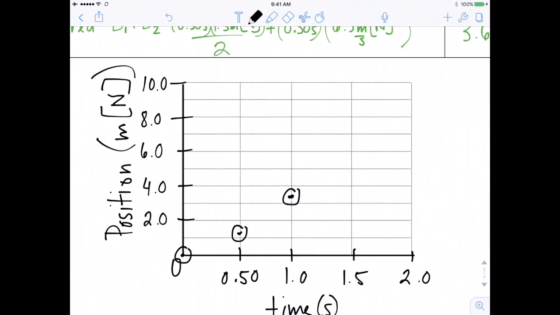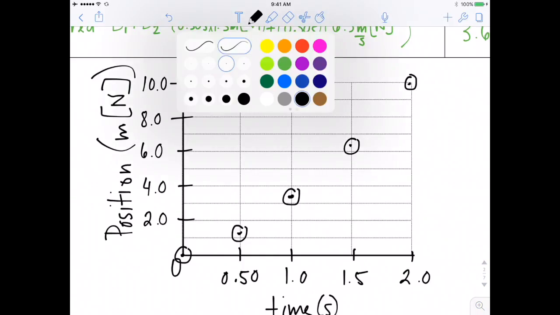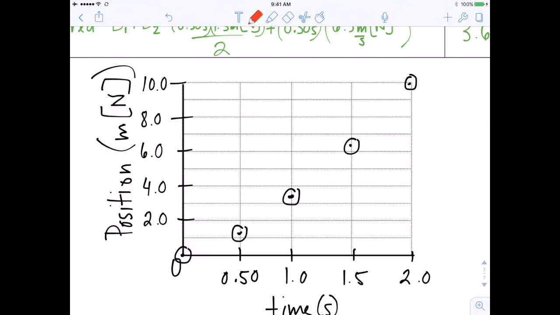After 1.5 seconds, we're at a position of 6.4. And after 2 seconds, we're at a position of 10. If we join these points with a smooth curve, you see that we get an upward curving line. And we could have predicted this. This is the shape of a position time graph that's depicting uniform acceleration.